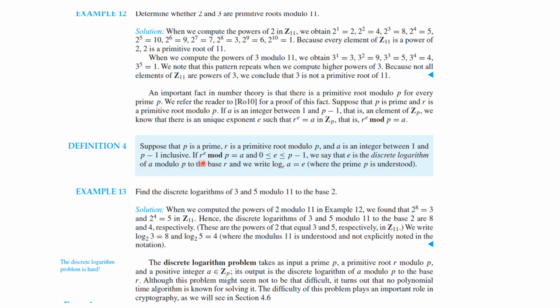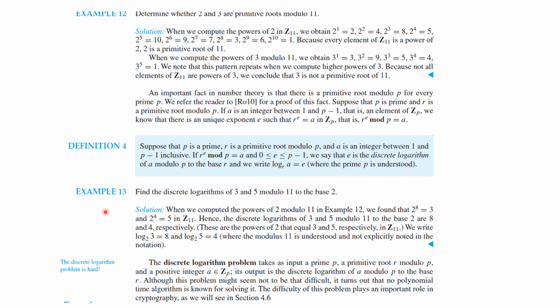If r raised to the e mod p is equal to a, and e is between 0 and p minus 1 inclusive, e is the discrete logarithm of a modulo p to the base r. And we can write log_r a equals e, where the prime p is understood.